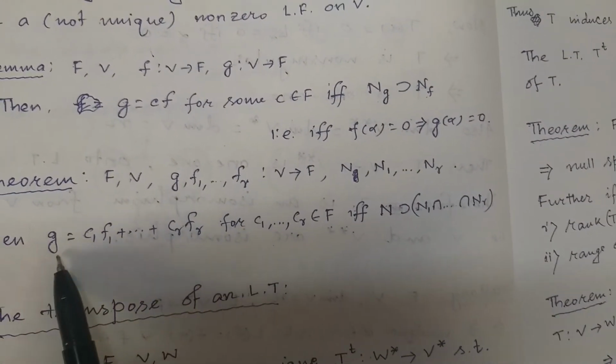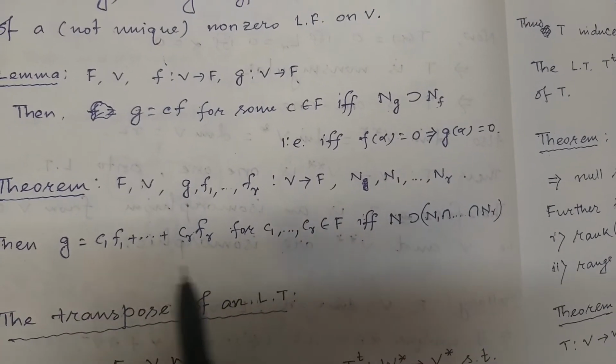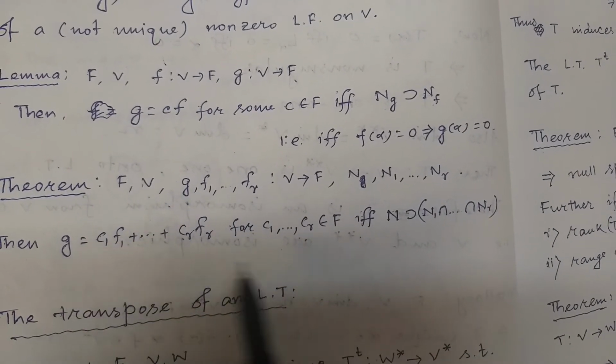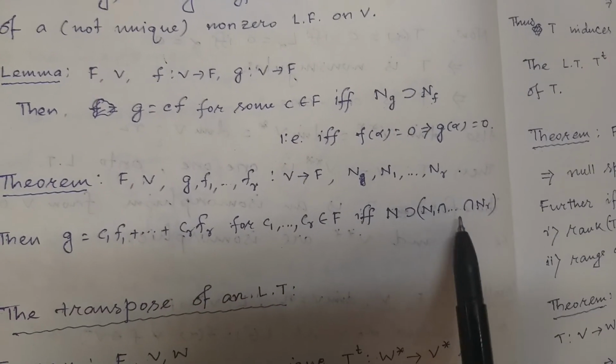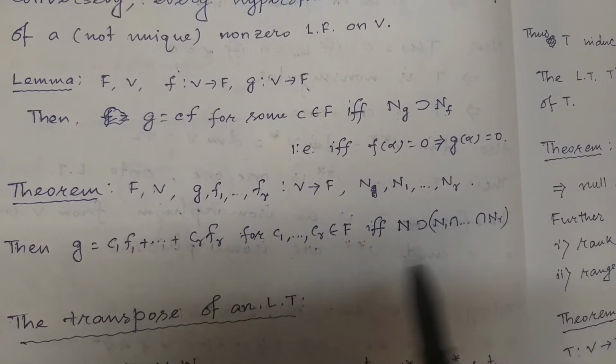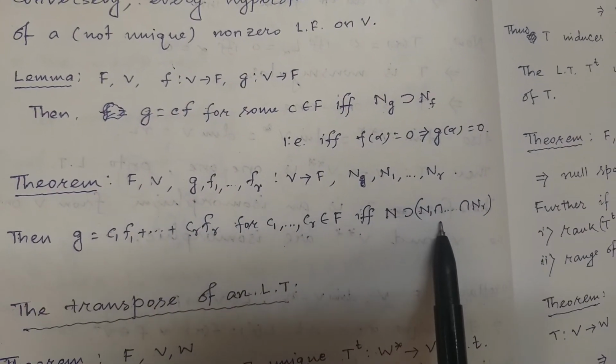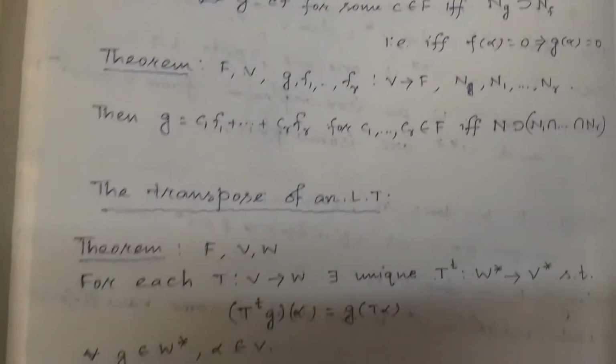Then the null space of g contains the intersection of the null spaces of the f's, because null spaces are subspaces and the intersection of subspaces is again a subspace. So this subspace contains this. Okay, fine.